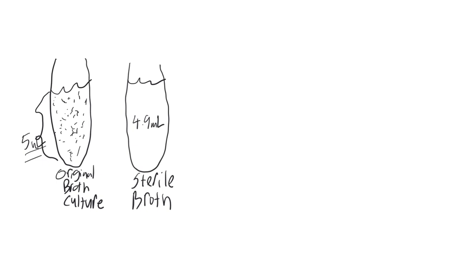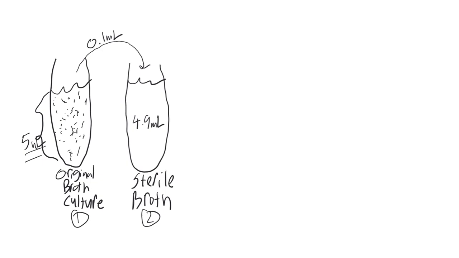As my first dilution, I'm going to pipette from the original tube to this tube. This will be my first tube, and this is going to be my second tube. From the original culture into the second sterile broth tube, I'm going to pipette 0.1 milliliters of this original concentrated culture. So this is my first dilution.